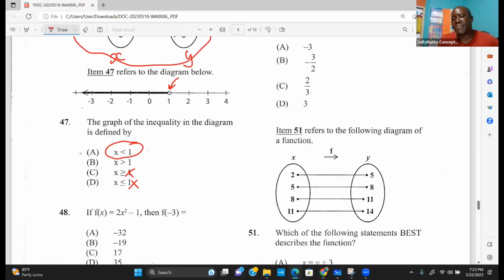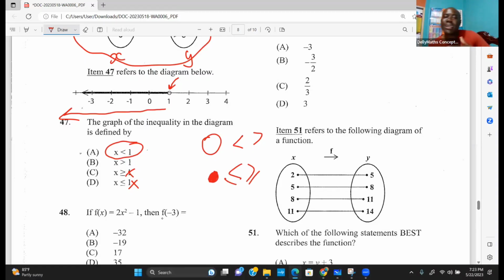Less than is to the left. Less than is going that way. And remember, the moment I see this open, it can only be those. And the moment I see this shaded, it can only be these. So quickly, I have already identified what cannot be a part of my solution. Take them out and then focus.